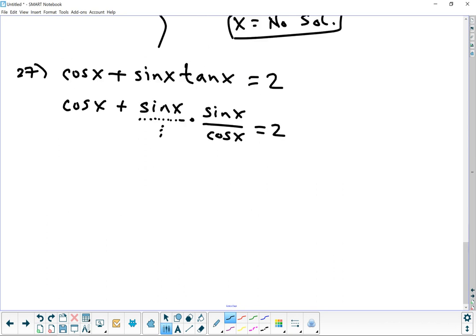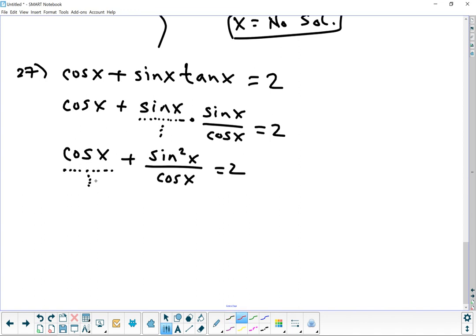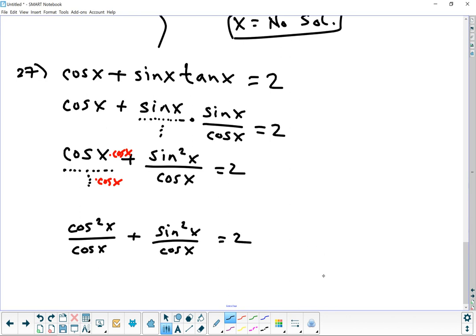So this is going to be cosine x plus sine square x over cosine x equals 2. Then go ahead and get a common denominator of cosine x. So we're going to times this by cosine x and this by cosine x. This one might work out pretty nicely. So we will have cosine square x over cosine x plus sine square x over cosine x equals 2.